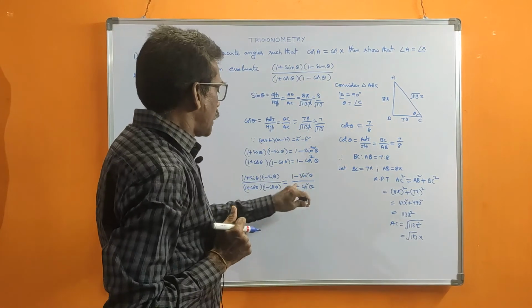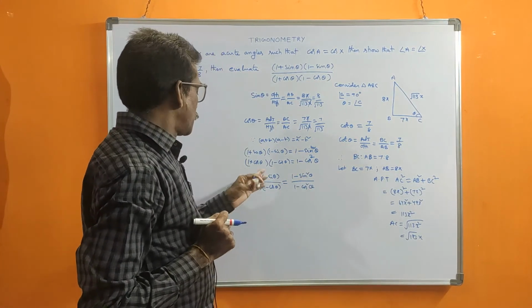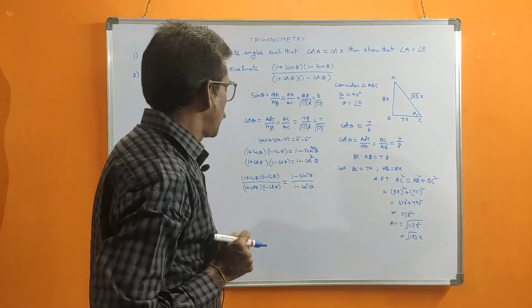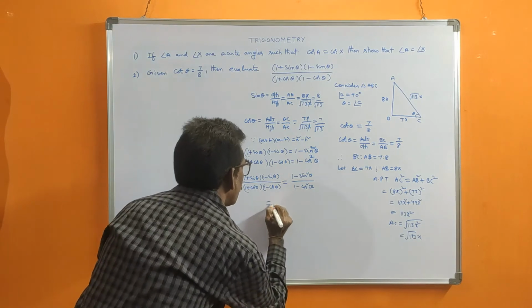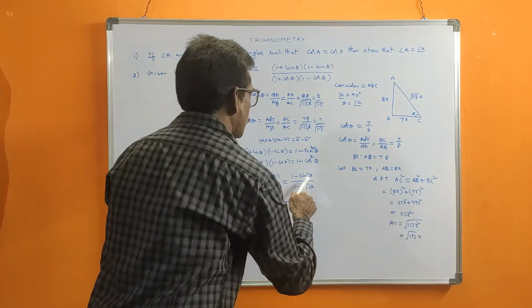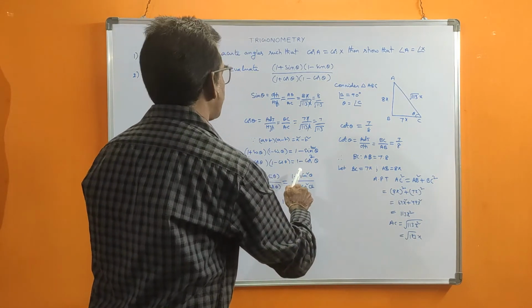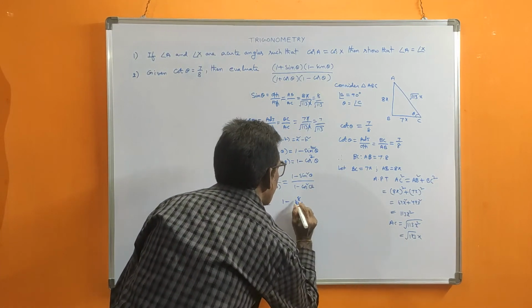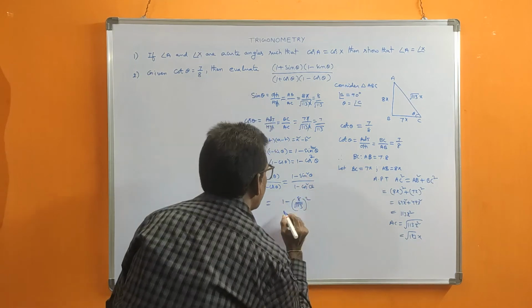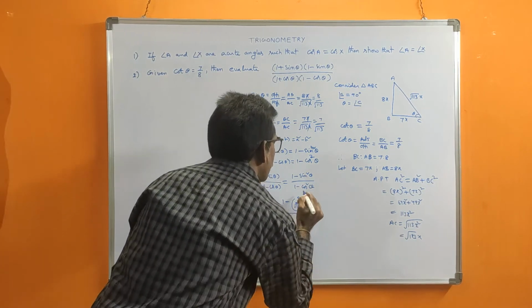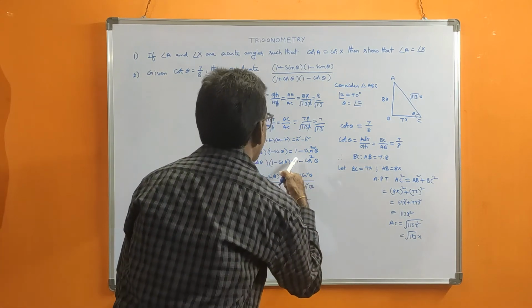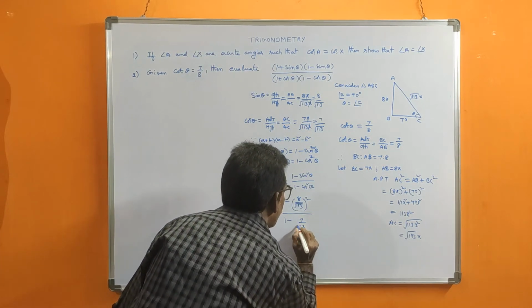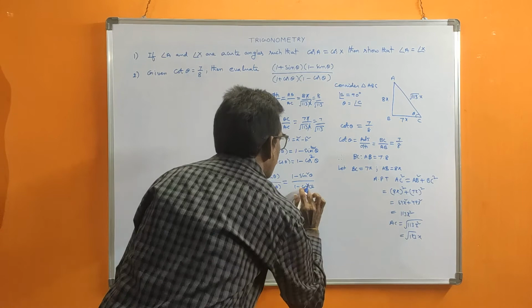Now substitute the values. What is sin theta? 8 by root 113. So 8 by root 113 whole square. Here square is there. By 1 minus cos square theta. Cos theta value is what? Cos theta is 7 by root 113. For that also square is there.